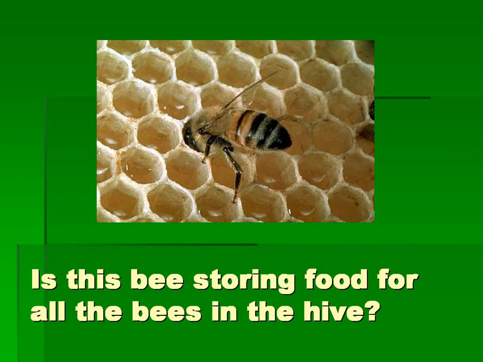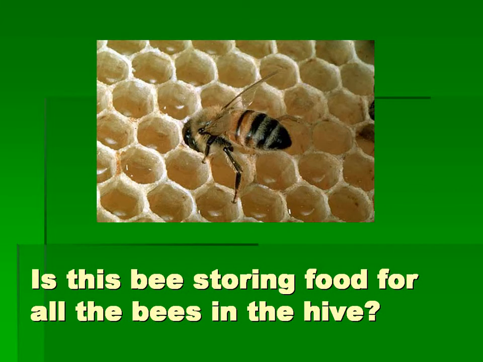And here's another. Is this bee storing food for all the bees in the hive? And hopefully the students can begin talking within the class about what they already know about social organisms, how they interact, how they have different roles within the community. The teacher's not trying to expand their knowledge.